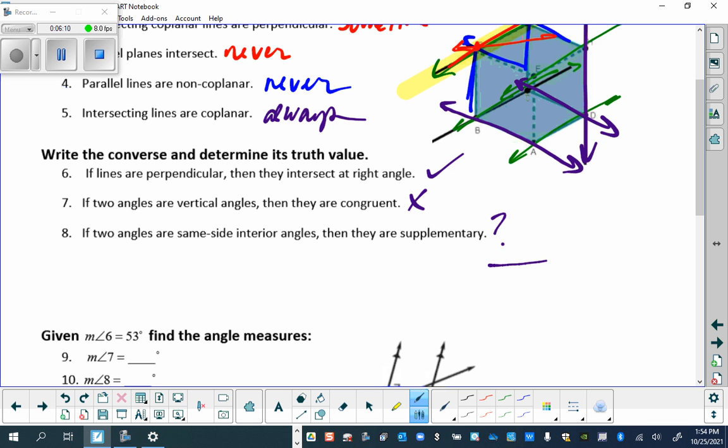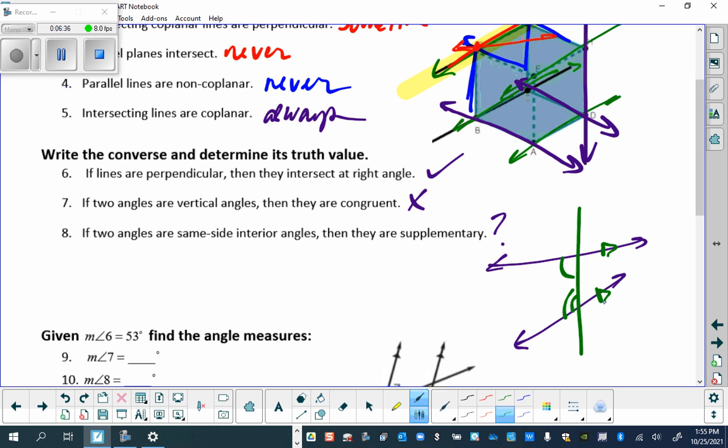You ready? Same side interior angles, but that's assuming that my lines are parallel. So if I have a transversal and I have same side interior angles, they're not guaranteed to be supplementary unless I'm told that the lines are parallel.